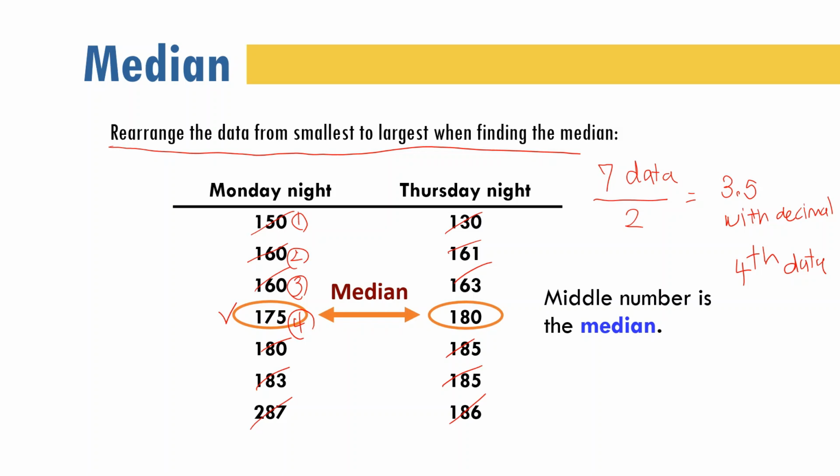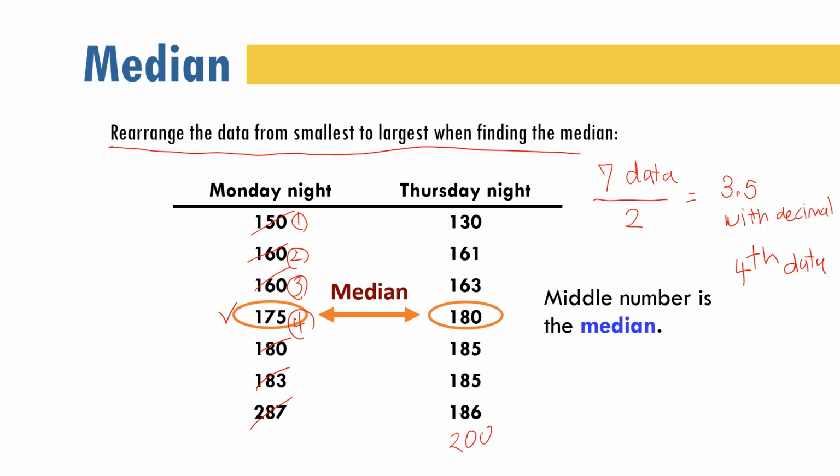How about if you have another data? For example, you have another data here, 200.